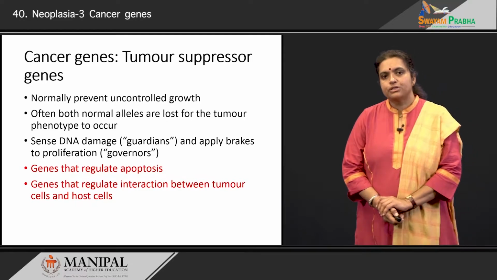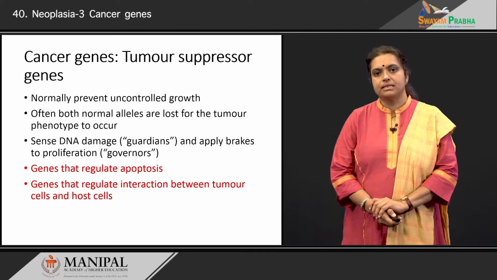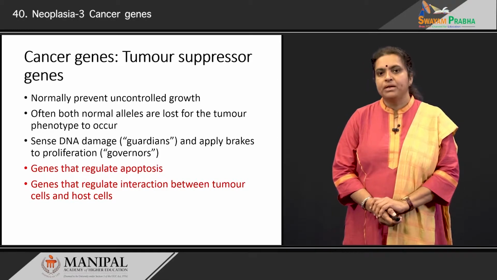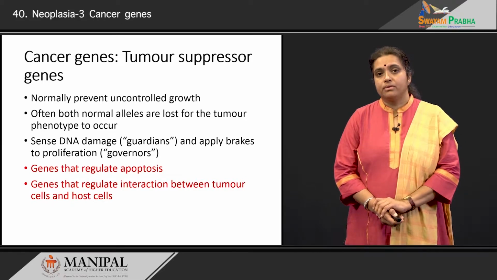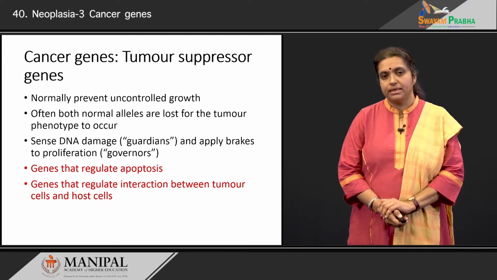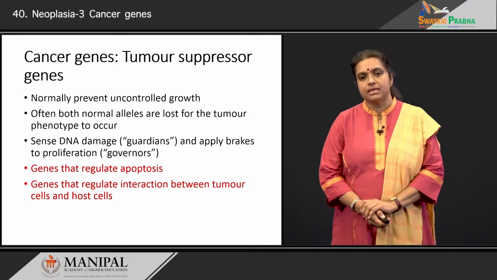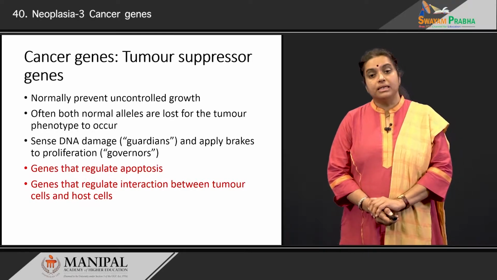The second class of genes that are implicated in cancer are the tumor suppressor genes. Normally, even these genes are present in the cells, and what is the normal function? They prevent uncontrolled growth. They are a very important set of genes that, through various actions, prevent uncontrolled growth.